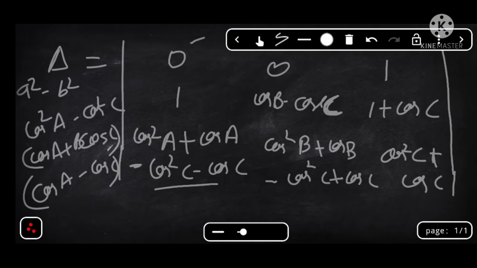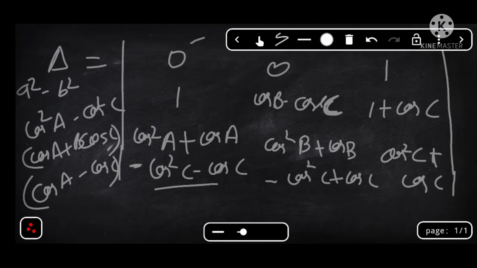So a square minus b square is a plus b into a minus b. Similarly, cos square A minus cos square C will be cos A plus cos C into cos A minus cos C. Clear?